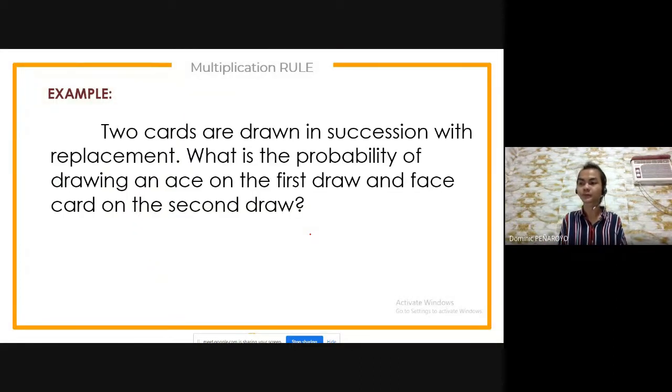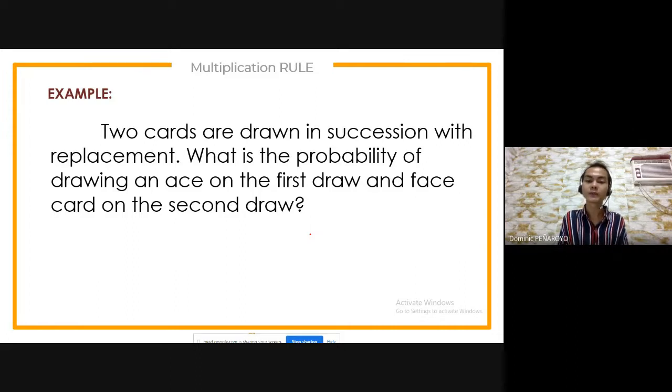Example for independent event. Two cards are drawn in succession with replacement. What is the probability of drawing an ace on the first draw and face card on the second draw?